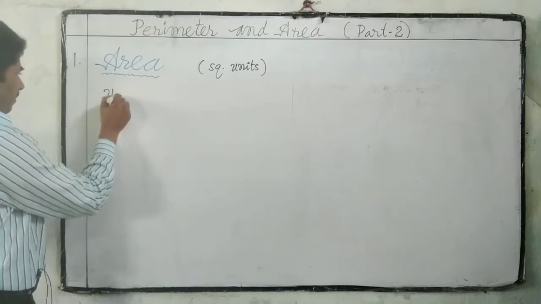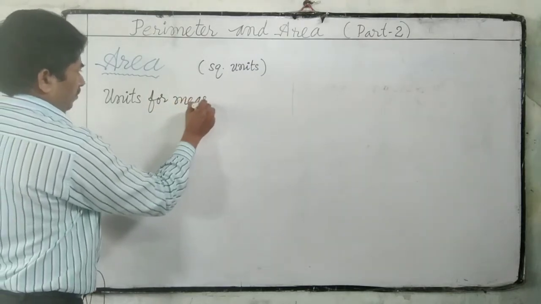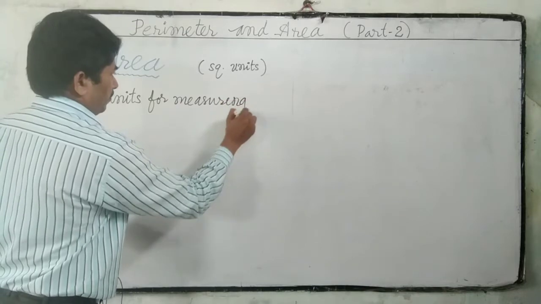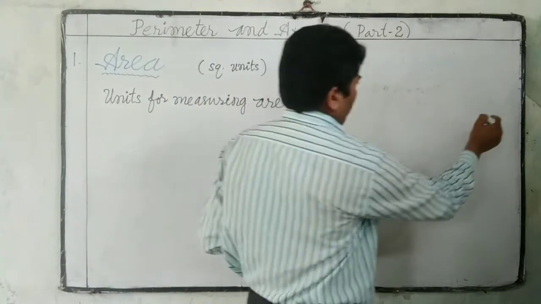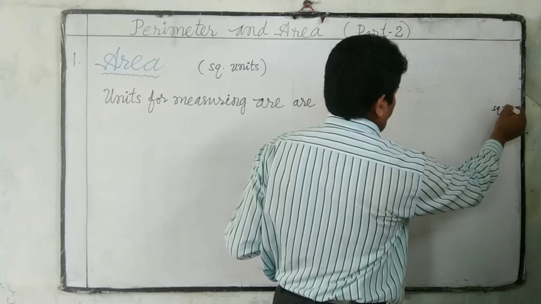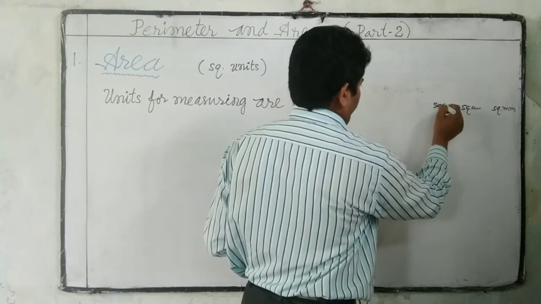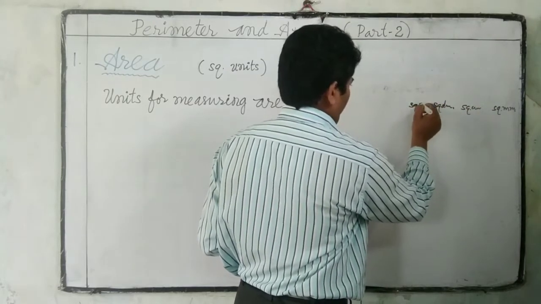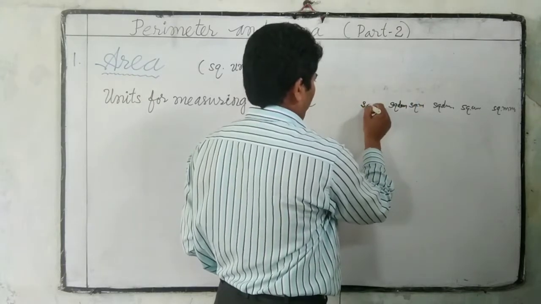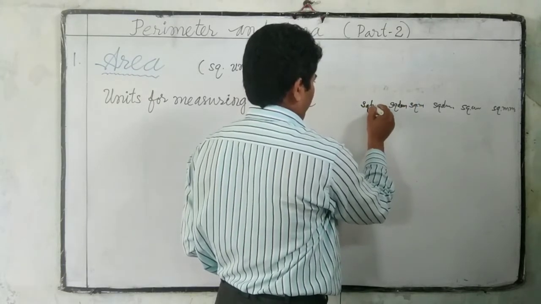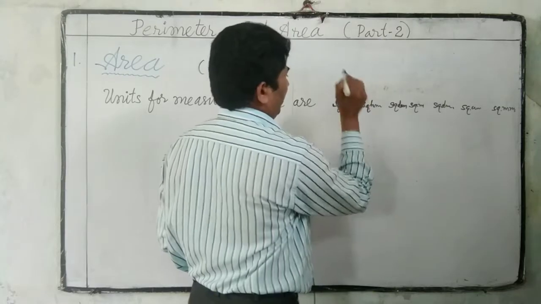Units for measuring area are square millimeter, square centimeter, square decimeter, square meter, square decameter, square hectometer, square kilometer.